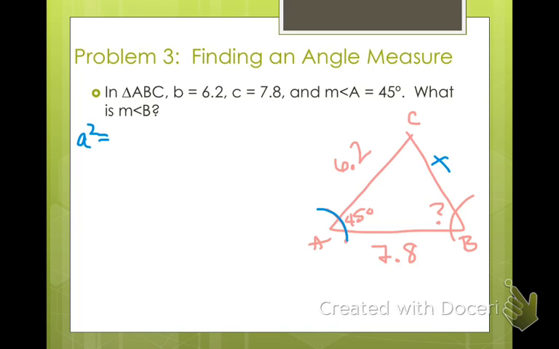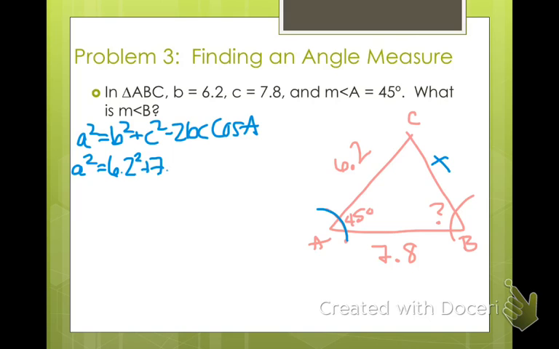So a squared equals b squared plus c squared minus 2bc cosine of A. We'll fill in our information. A squared equals 6.2 squared plus 7.8 squared minus 2 times 6.2 times 7.8 cosine of 45.